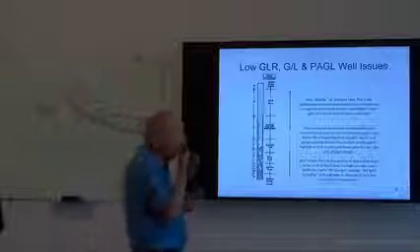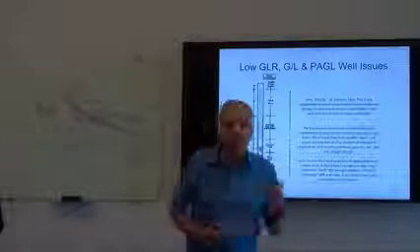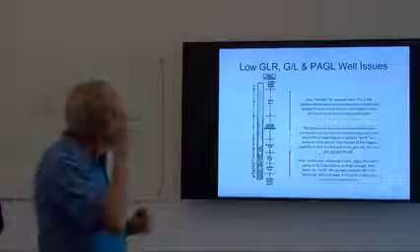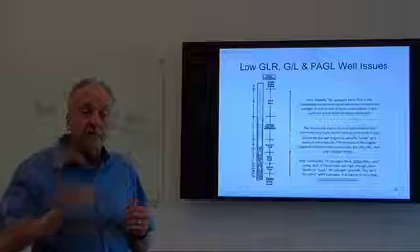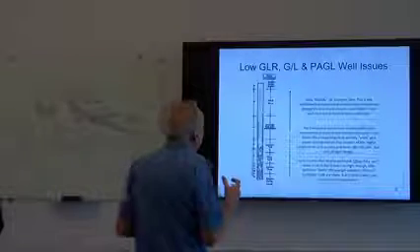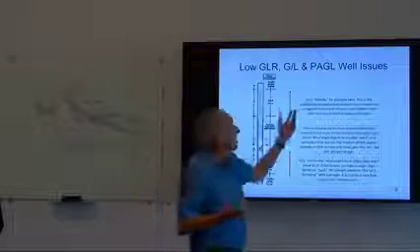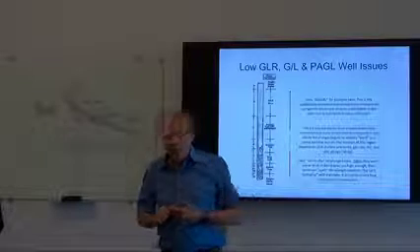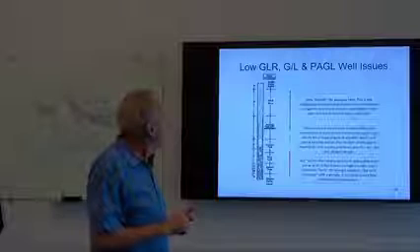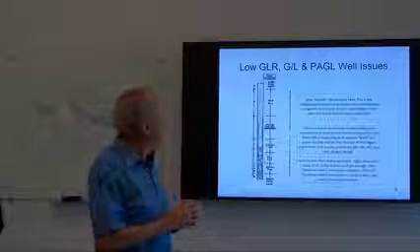So issues that we have, and this is very common with lower GLR wells, for example, or in any wells that have a very high pressure difference between bottom hole and surface. And we also see it in cases where we are running gas lift in conjunction with these wells, or even gas lift on its own for that matter.